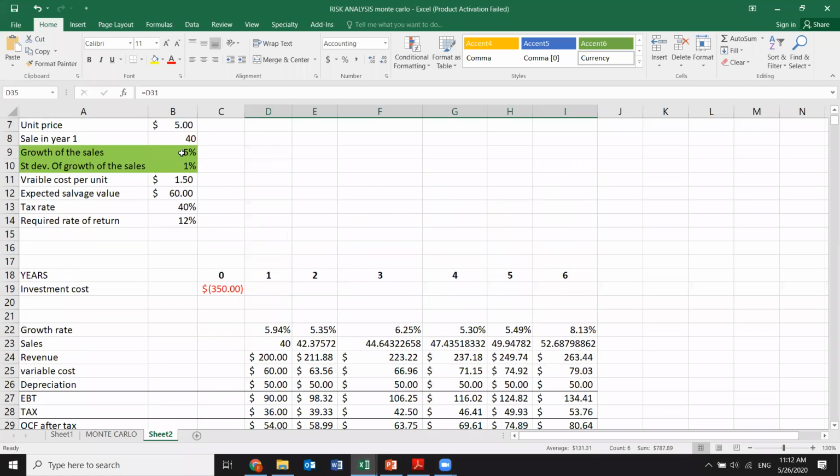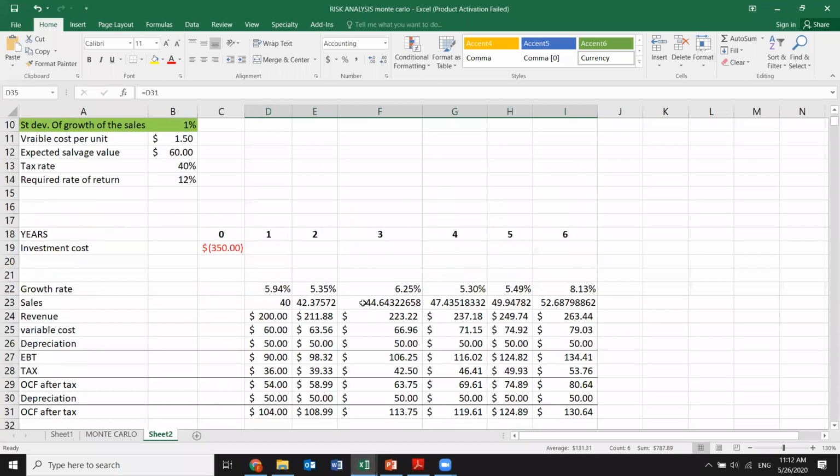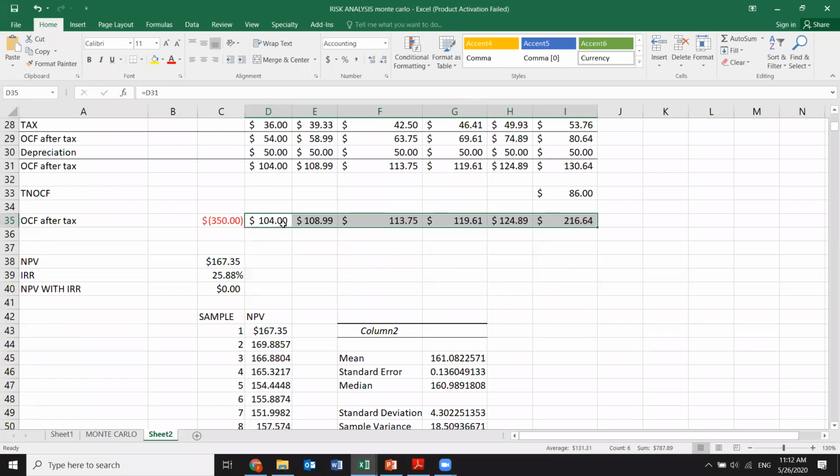We know the growth is 5%, and it comes with a standard deviation of 1%, so the values are going to be around that. That's why we always get unpredicted cash flows. Sometimes you may find out that the NPV is a negative number.